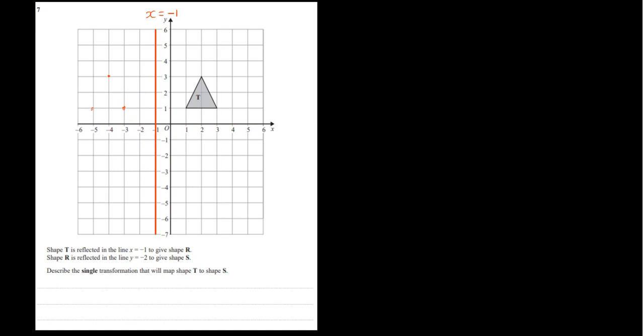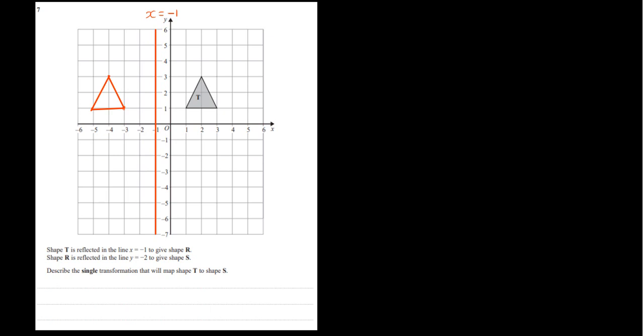That's my third point. So I connect these three together using some straight lines, and that's my triangle. It's not very neat, unfortunately. And then I'm going to label this.